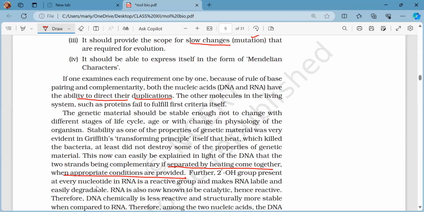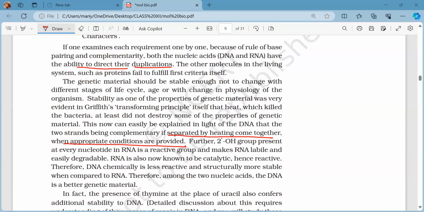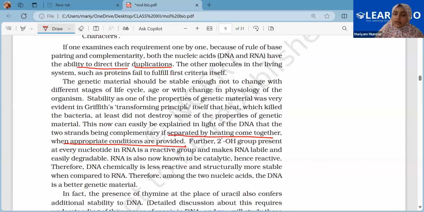Further, the 2' hydroxyl group that is there at every nucleotide in RNA is a reactive group, and it makes the RNA labile and easily degradable. Again, a very important line this is. The 2' hydroxyl group that is present in every nucleotide in RNA is a reactive group.